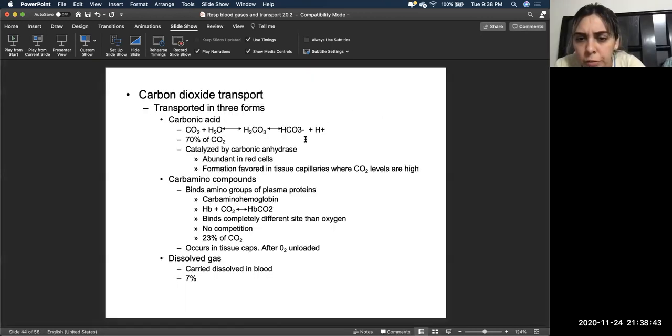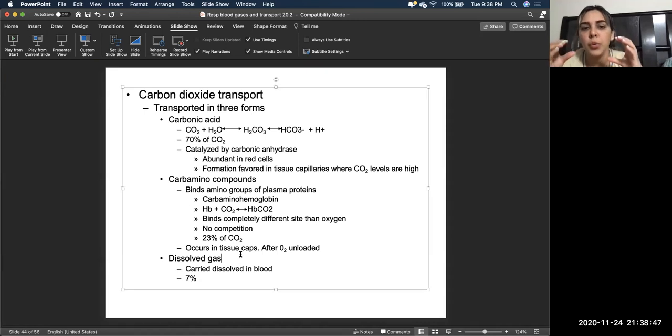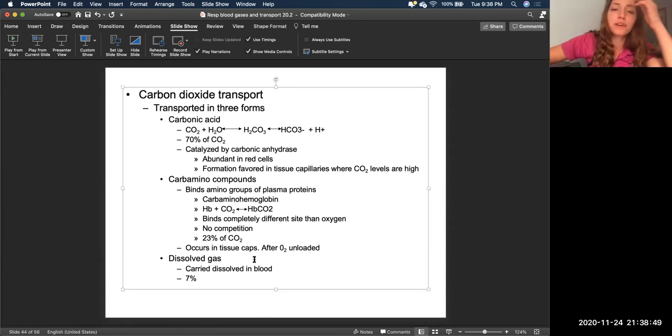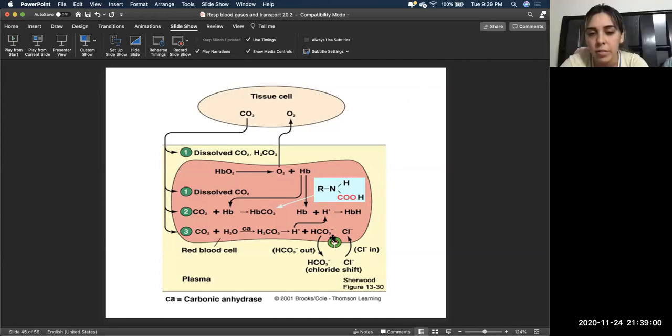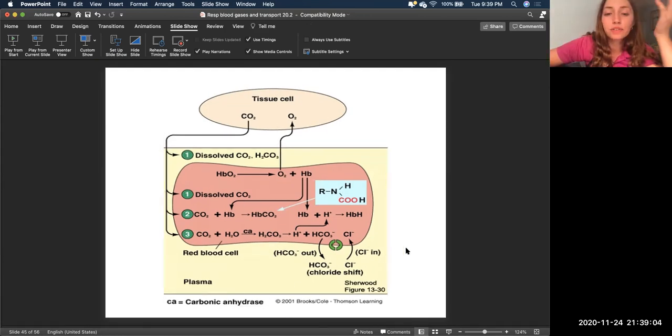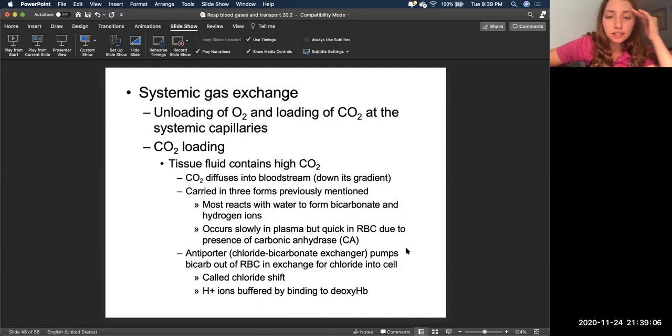Wait, where is it? It's not this one. That's one of them. Those are the 3 ways carbon dioxide is transported in blood. I can't move to the next slide.